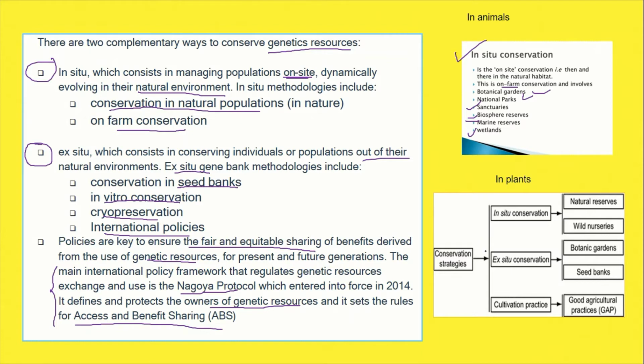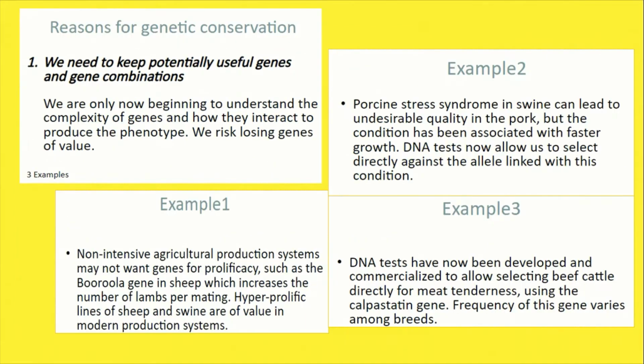Of course, we've said that these are now the two main ways of preserving. We have in plants natural reserves and wild nurseries. In ex situ we have botanic gardens and seed banks. Then we also have cultivation practice, which is good agricultural practices that also help us to do conservation strategies.